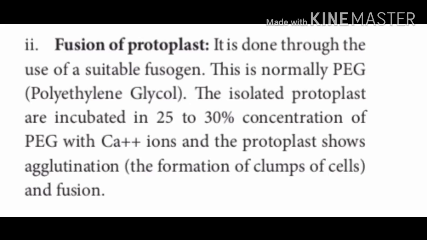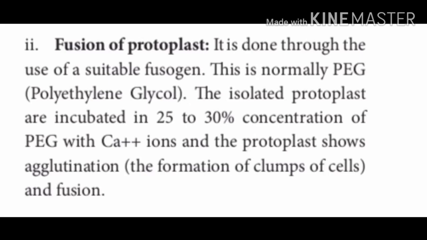The isolated protoplasts are incubated in 25 to 30% concentration of PEG, that is polyethylene glycol, with calcium ions, and the protoplasts show agglutination, that is a formation of clumps of cells, and then they fuse. So this is how the fusion takes place. First we isolated using mannitol or sorbitol, at a pH of 5.4, overnight at 25 degrees Celsius.